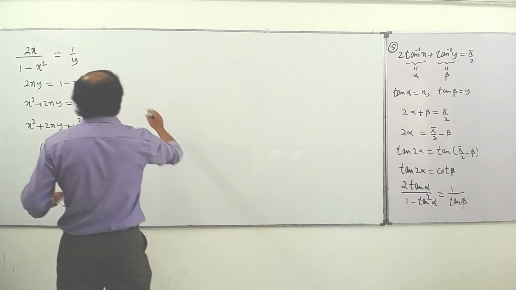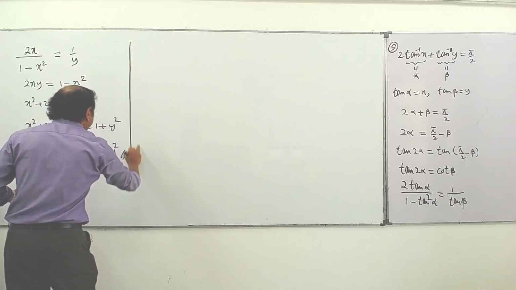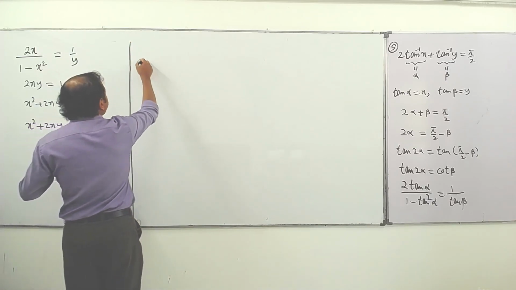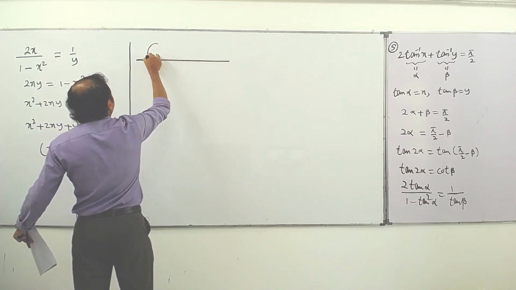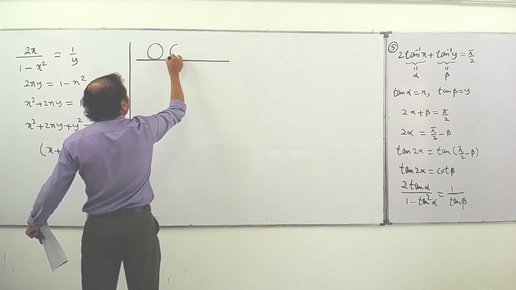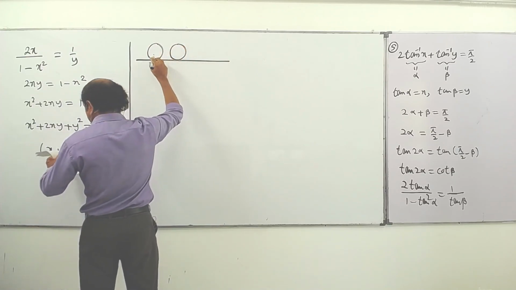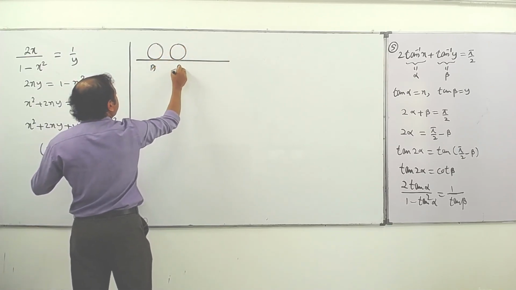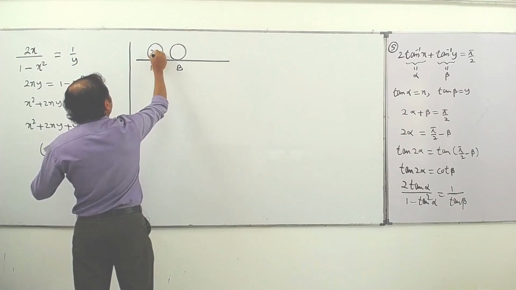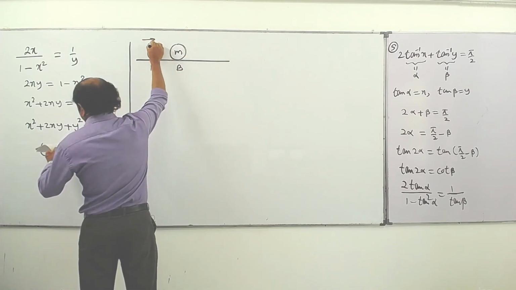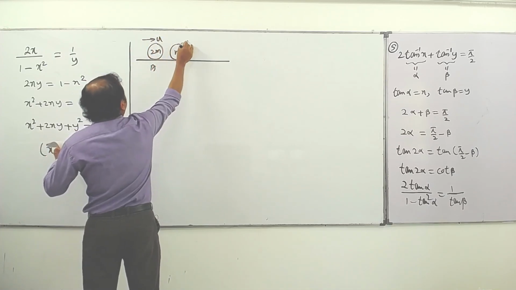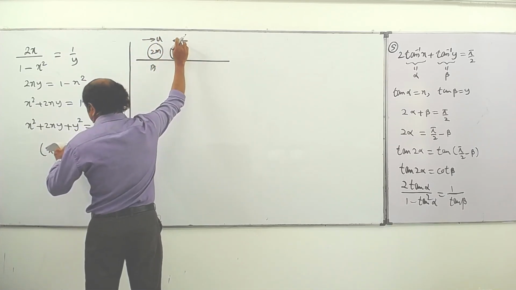This way we have that. A and B, 2m and m. This way it's u. This way it's u.